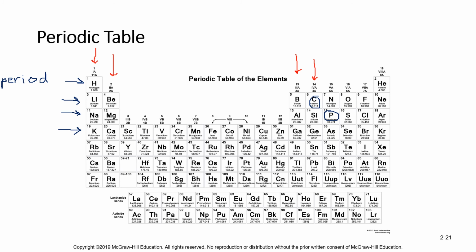The column is called a group. And the group number tells you the number of valence electrons. So hydrogen is in group 1. It has 1 valence electron.